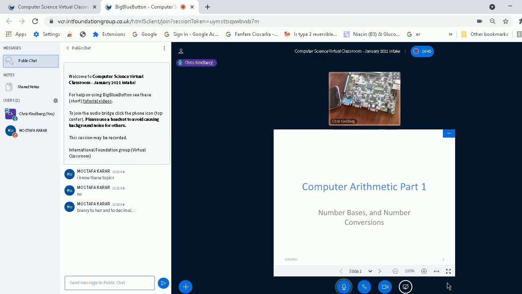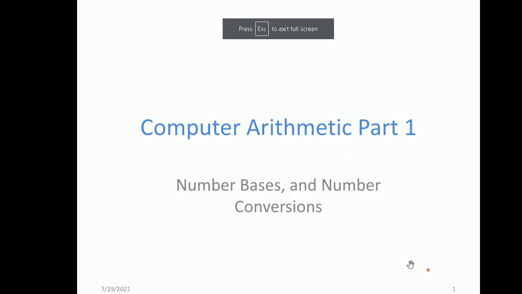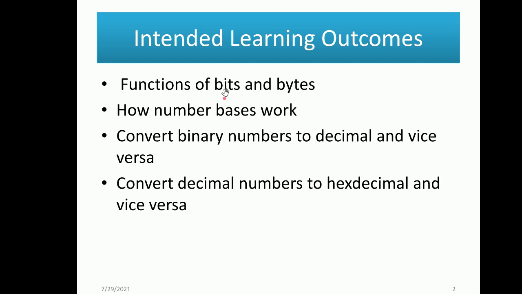So we're focusing on number bases, and you might know all this already, but others in the group might not. So that's the justification for looking at this. The intended learning outcomes for this part of the session are that we're going to think about the function of bits and bytes, and then we're going to have a look to see how number bases actually work.